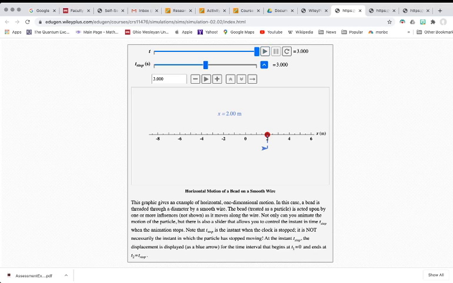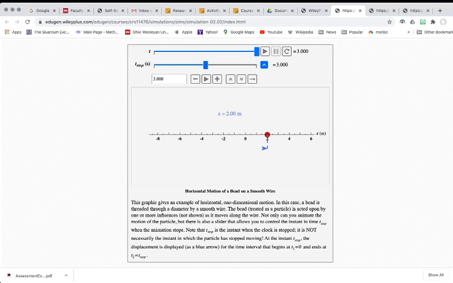If I slide this slider back and run it again, I can see that it travels to the right a distance a little more than 2 meters because it goes from x equals 2 to x equals 4. And then it travels back that same distance to get back where it started. So the distance traveled is a little more than 4 meters, but the displacement is 0.